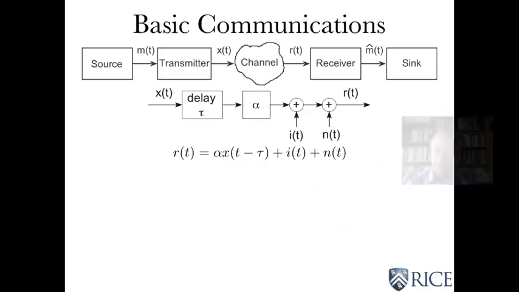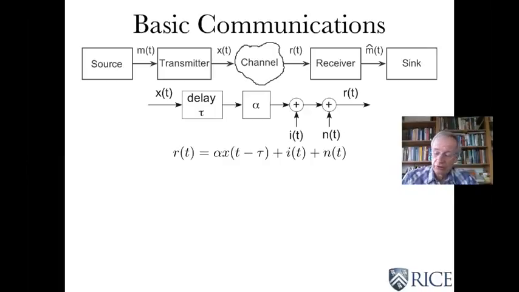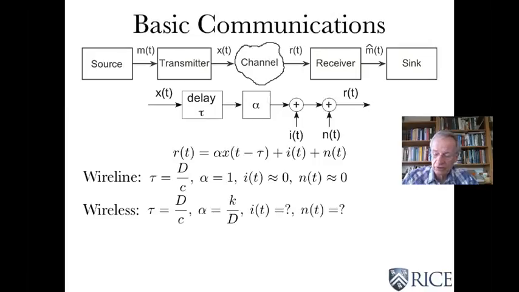So we now have designed for ourselves a communication system. The model that we've developed for just the channel describes the delay, the attenuation, the interference, and the noise that the channels add. Like I said, nothing good happens in a channel.